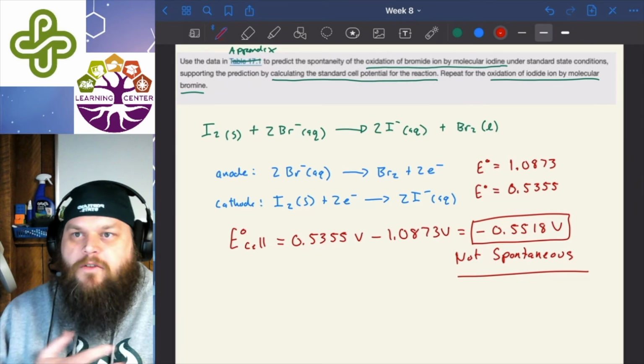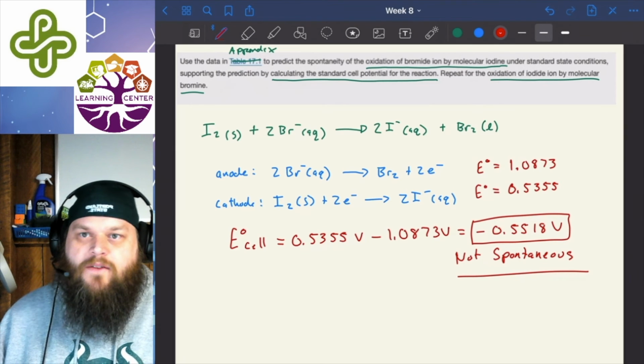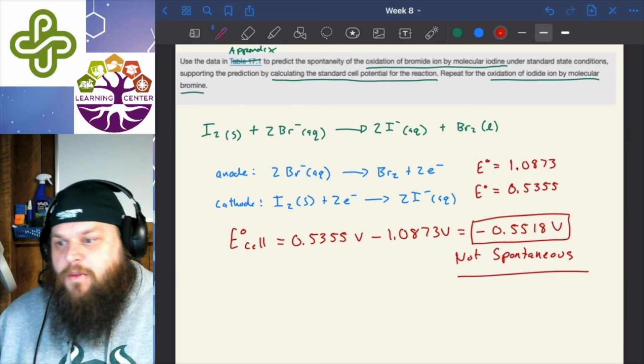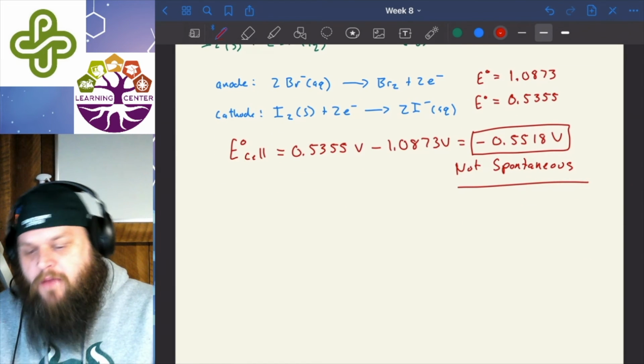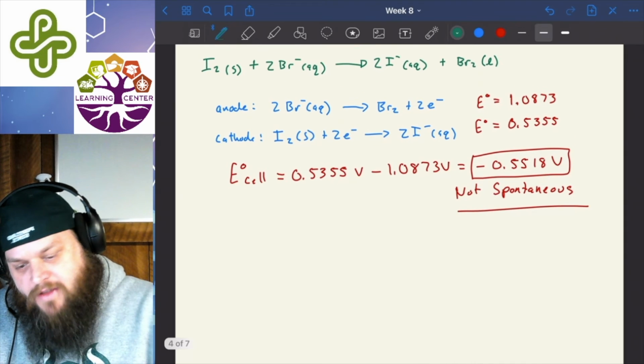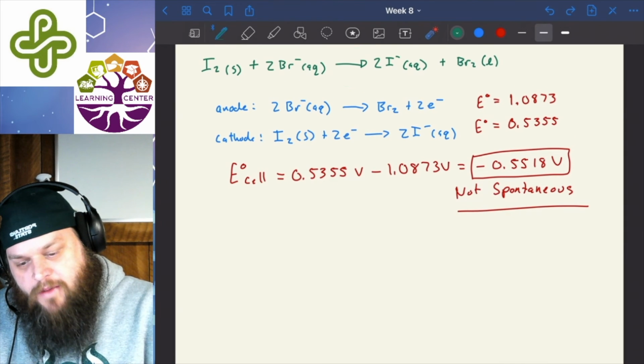But what about the reverse reaction, for the oxidation of iodide ion by molecular bromine? Well, if we flip that around, that's just flipping around this reaction up top here.